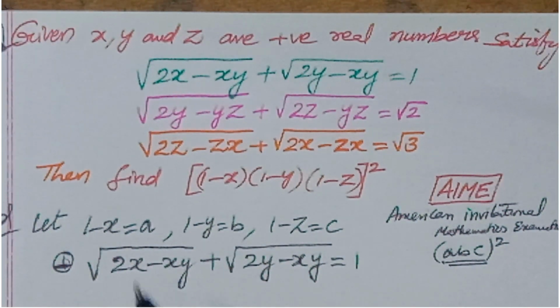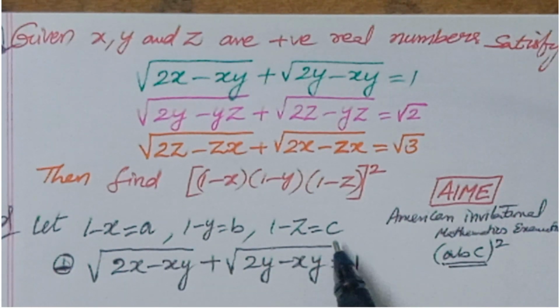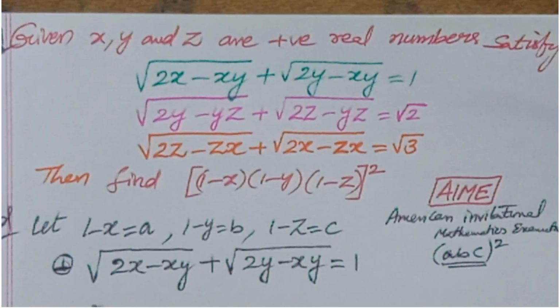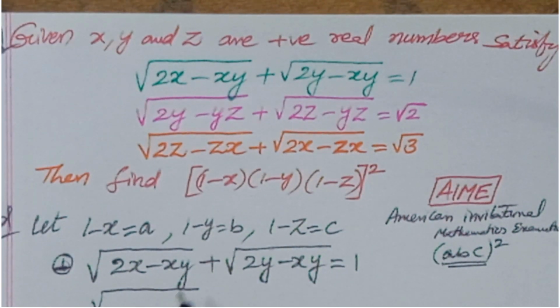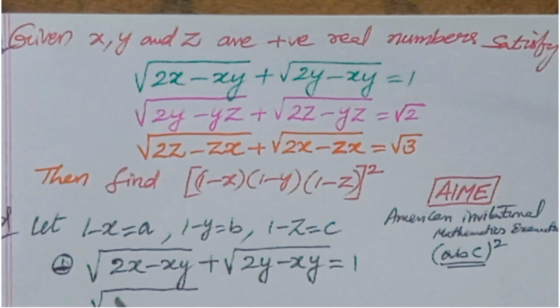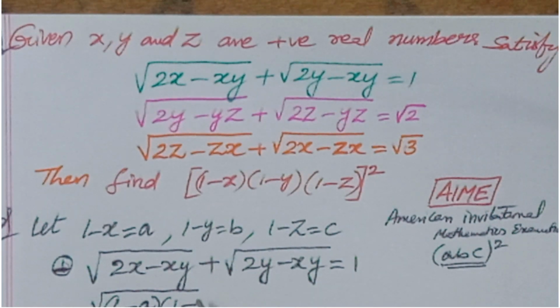Here you have to change it in the form of a, b and c. So the first term, square root of 2x minus xy, you can write as square root of (1 minus a) into (1 plus b).